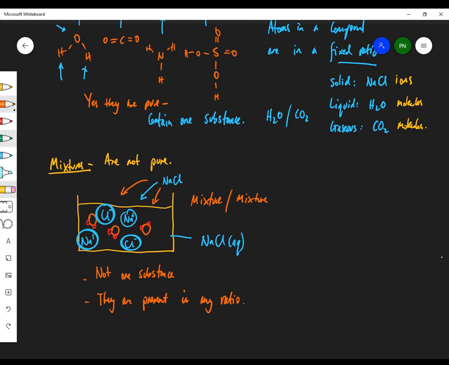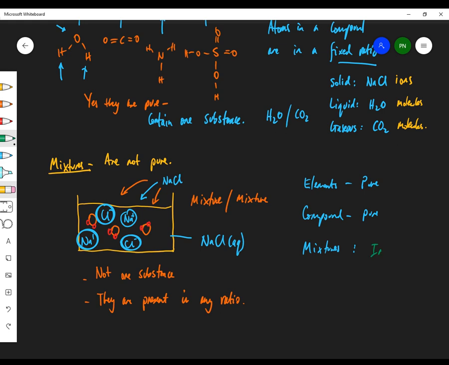Let me summarize that very quickly. We have elements, these are pure. Compounds are pure things. But mixtures, these are impure.